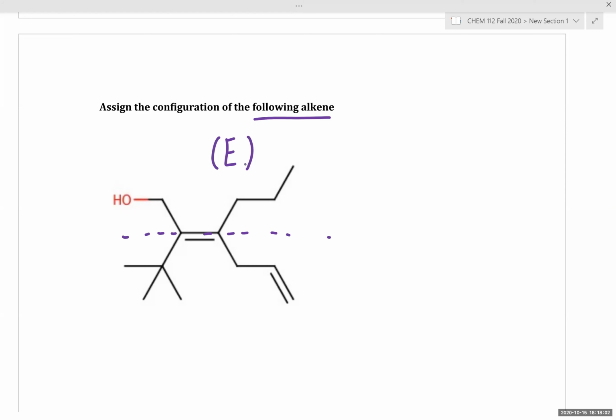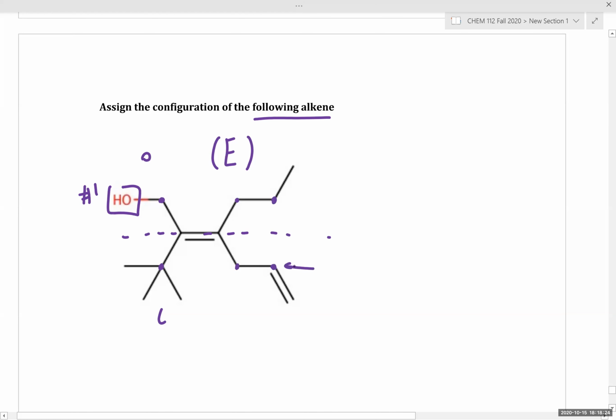Okay, so let's discuss. In terms of priority, this one's a bit of a tricky example because if we look at our carbons, these two carbons are the same, and we have oxygen attached versus carbon attached. So this top group is priority 1. In the second case, we're tracing down our carbons.